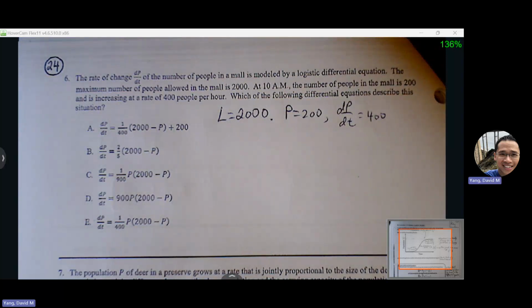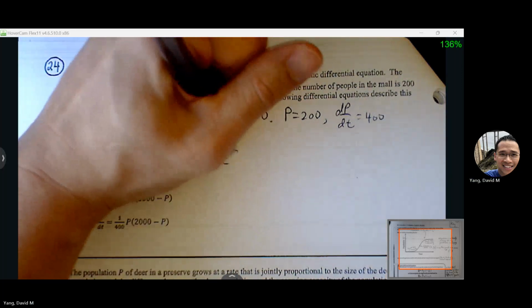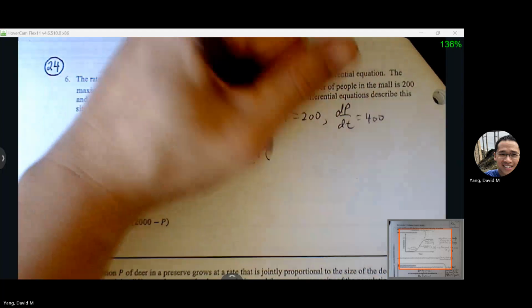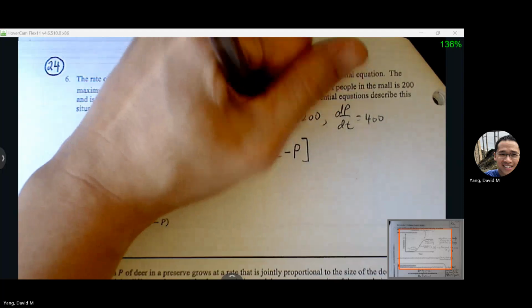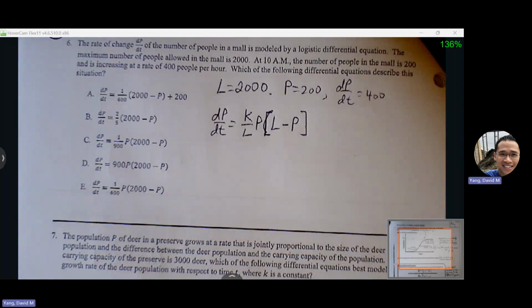So we can use this to solve for K. Let's plug in and see if we can solve for K and find a suitable solution here.